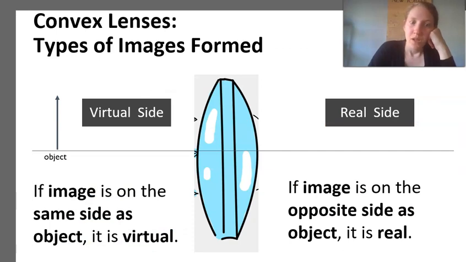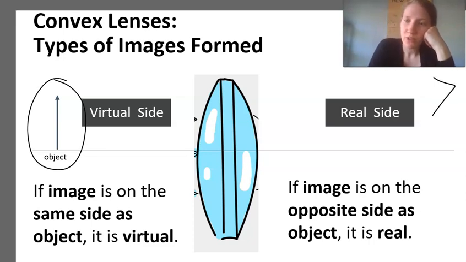Okay, so the virtual side and the real side are flipped for lenses versus mirrors. The virtual side is going to have the object, and our real side is our viewer. This is my eyeball to show that the viewer is right here. Because when we look at objects with a lens, we look through the lens at the object.